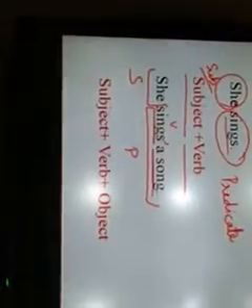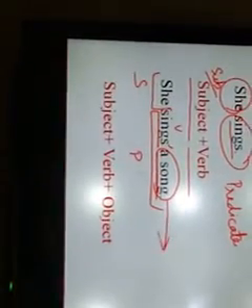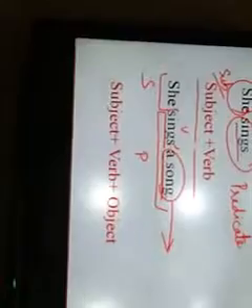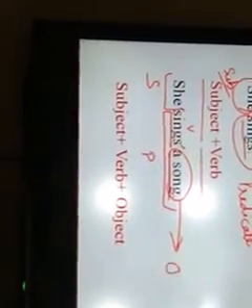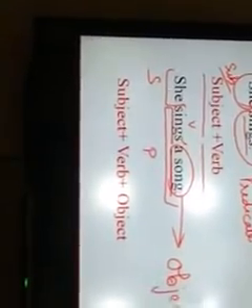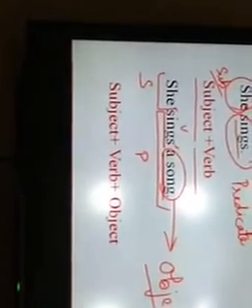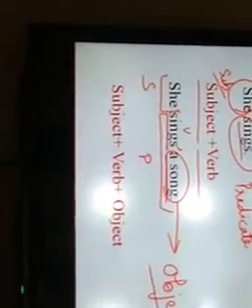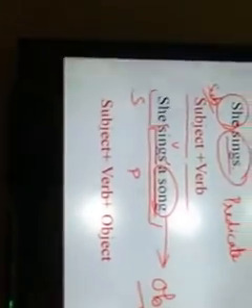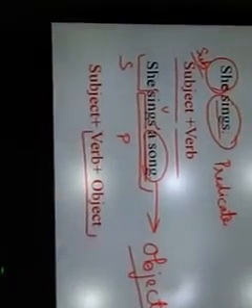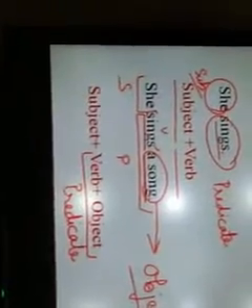What is the position of a song? A song is in the position of object. Here we have a predicate of 2 words. The sentence structure of this sentence becomes subject plus verb plus object. Here we have 2 words in the predicate, verb plus object.